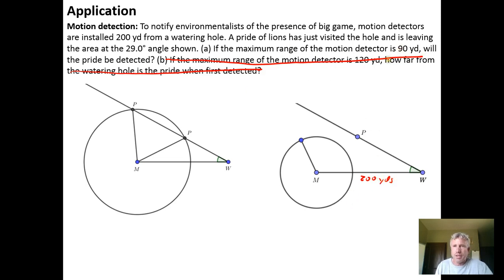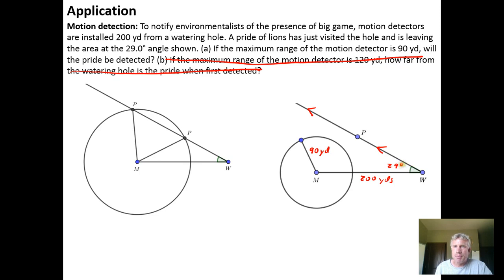And our detector, which is right here, has a range of 90 yards. So it can detect anything within a circle of radius 90. And we're also told that the lion pride leaves the watering hole at an angle of 29 degrees.